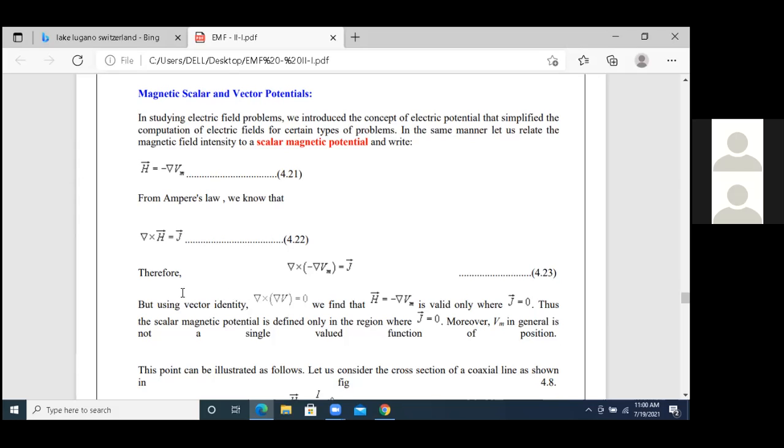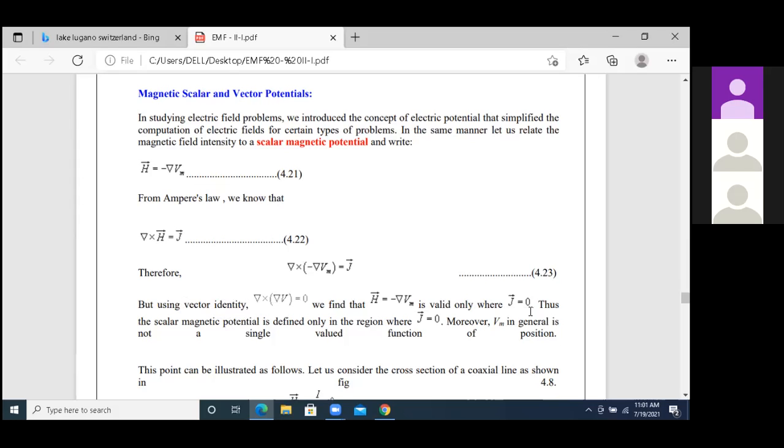Del cross del V equals 0. So H equals minus del V is valid only when J equals 0. You get that?